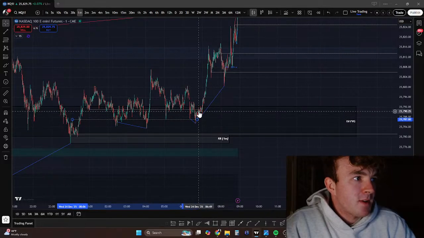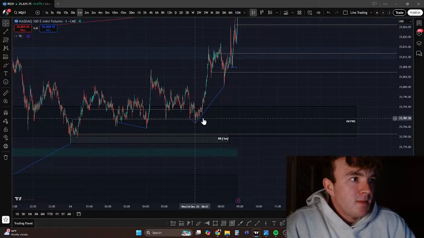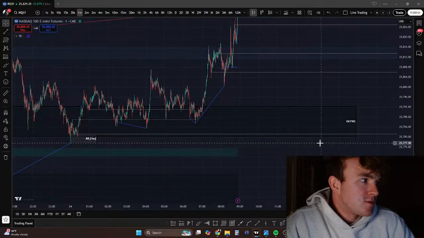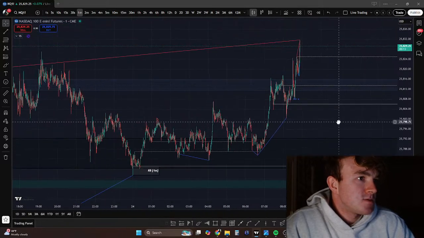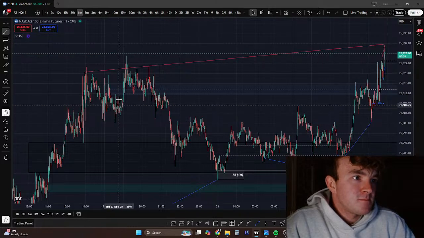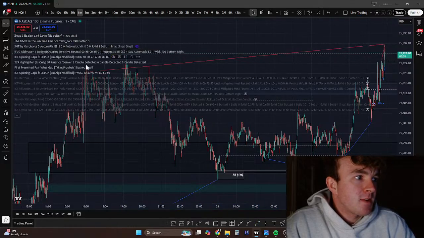You see how the market interacts with this gap? Same with this gap. Like, let's get rid of some of the indicators for a second.